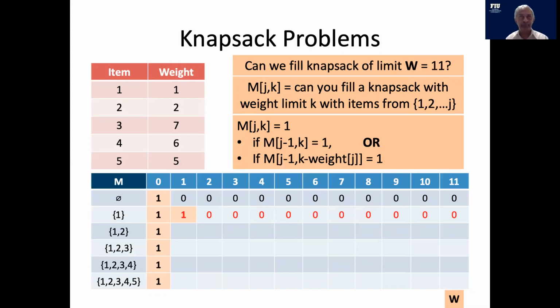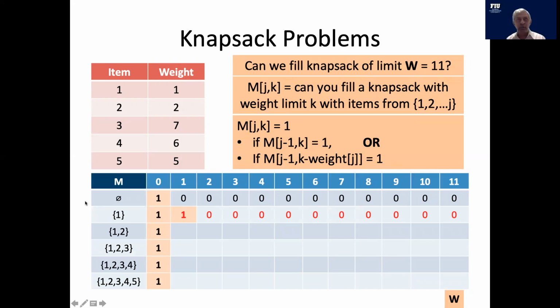All right. So remember, I'm looking at the jth row, and I'm looking at the kth column. If this has to be a 1, then either the previous row same item has to be a 1, or there should be a 1 on the previous row, but a few columns away, so that I can add the jth item and I would achieve this weight limit.